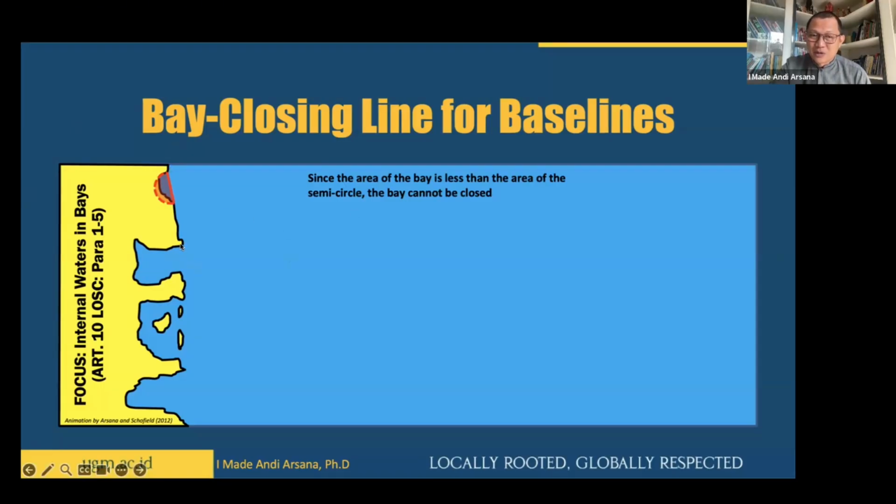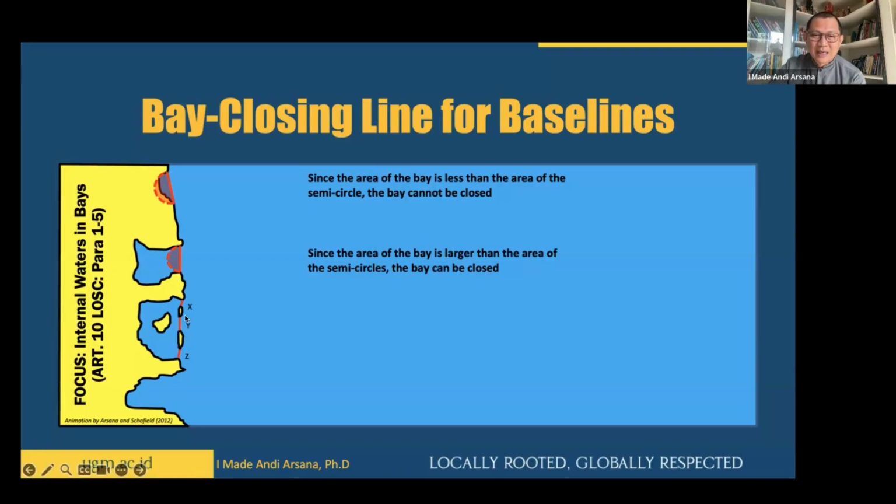So it has to be following the shape of the coast over here. What about this one? This one is quite easy. You can close it because it is less than 24 and the semicircle is actually smaller than the entire area of the bay, right? What about here? You have a small island, so you can close it using different segments like this, and this. How to check that? How to evaluate that?